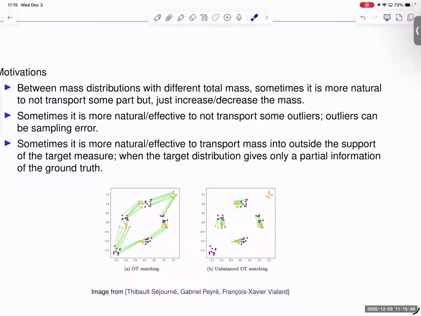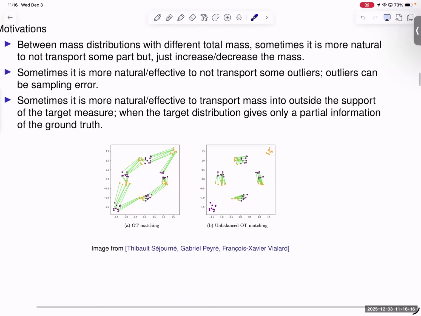So basically there are two situations where the source measure has larger mass than the target measure, or the other way around. Of course, these two situations are symmetrical, because you can just consider one of them as your source and the other one as your target.